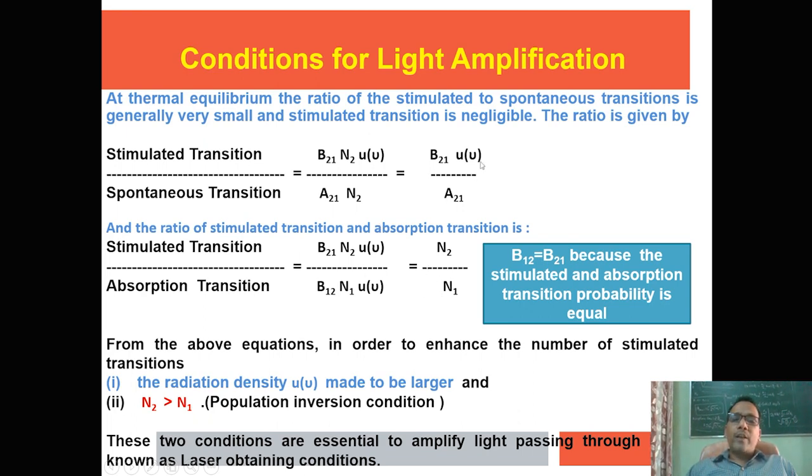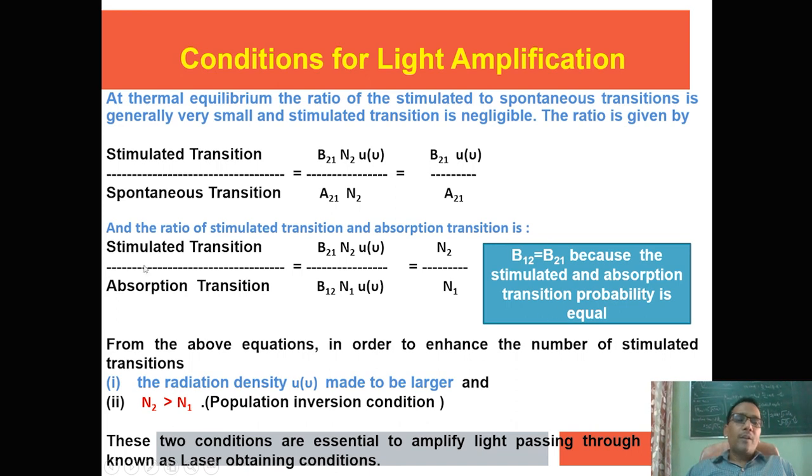So we have this one equation, and this is another equation, and our target is to enhance the stimulated transition. In order to enhance the number of stimulated transitions, by following the first equation, the radiation energy density must be larger. So we want a larger value of energy density to gain stimulated transition.